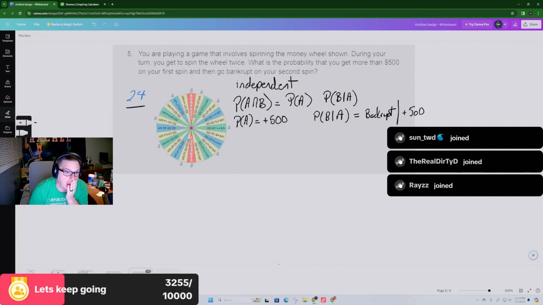My wonderful student teacher already labeled the ones that were greater than 500 for my students. So, beautiful. All they would have to focus on is how many A's are there. So I have 1, 2, 3, 4, 5, 6, 7, 8.